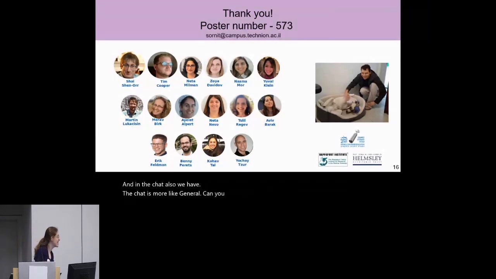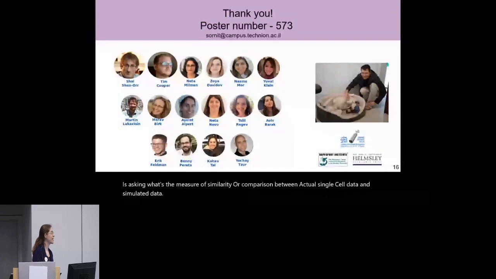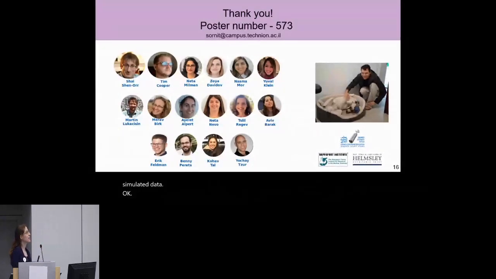Okay. Mia is asking, what's the measure of similarity or comparison between actual single cell data and simulated data? So I checked some distributions of the mean and the variance, and also when I generated the leakage.